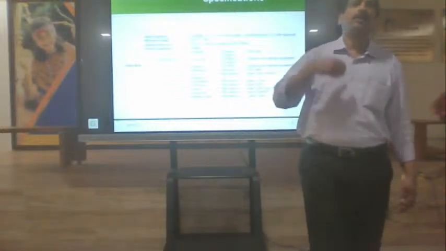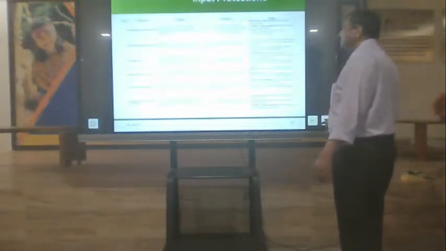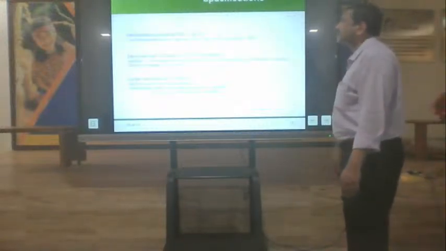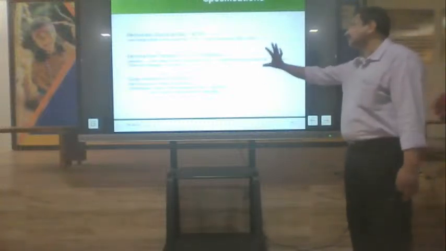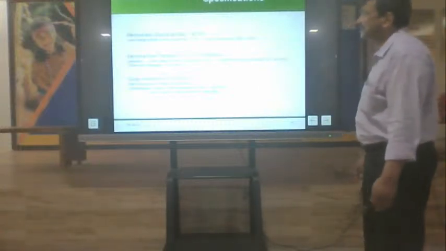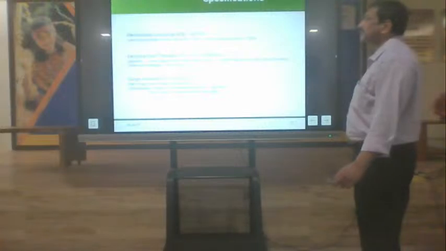Emission means it should not emit any harmful radiations. Immunity means if you keep it in a harmful environment, it should not get affected. This is related to reliability engineering. I don't think it is relevant to you at this point of time.